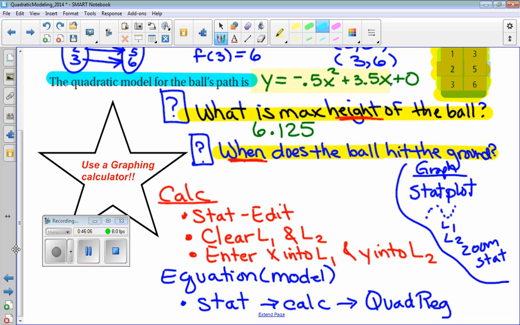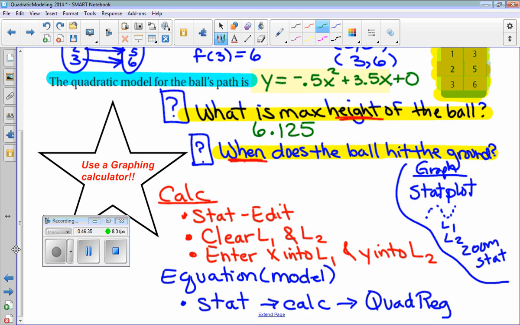You put them into stat edit on your calculator. Make sure you don't have anything in list 1 and list 2, and put them in there. Then to find the equation, go to stat calc quadratic, and it will give you the equation. If we want to graph it, which is a good idea because to answer any kind of questions you need the graph there, you go to stat plot and turn it on.